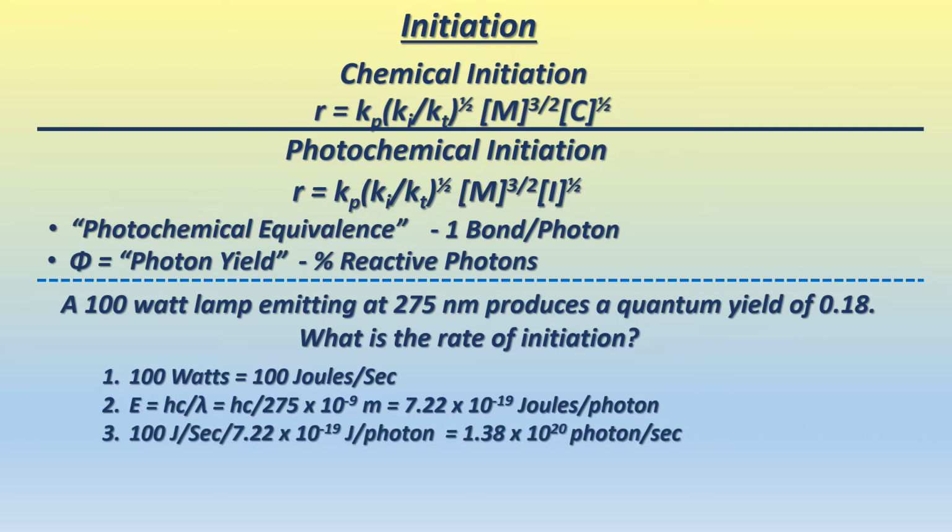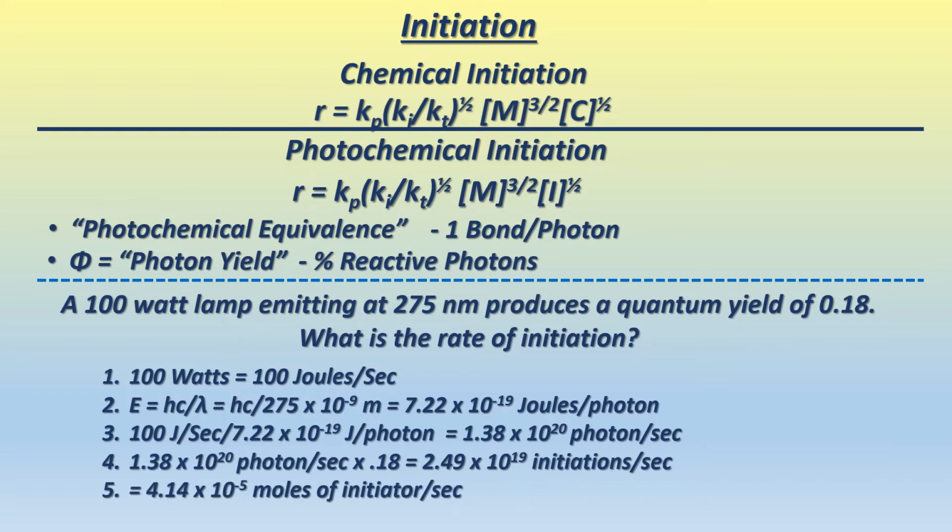So at 100 joules per second, that means I have 1.4 times 10 to the 20 photons per second entering the reaction. At an 18% or 0.18 yield, 18% efficiency, that means I have 2.5 times 10 to the 19th initiations per second, or, turning into moles, 4.14 times 10 to the minus fifth moles per second is the initiation rate.